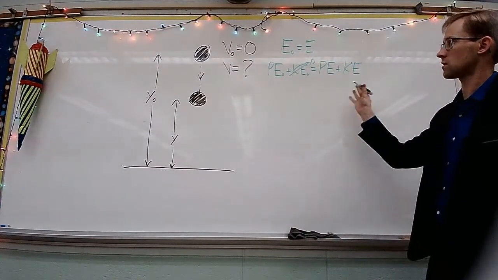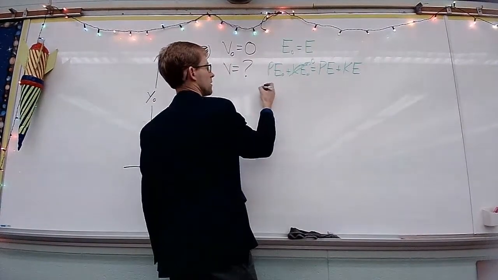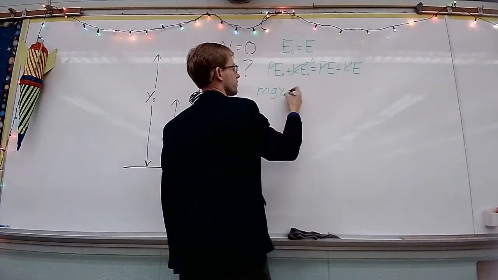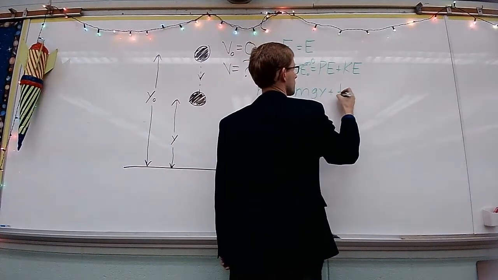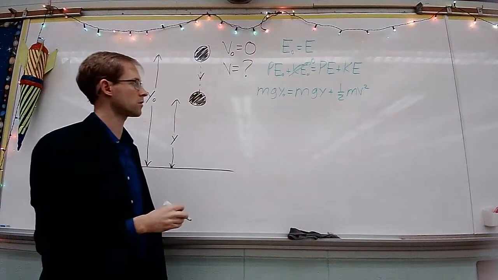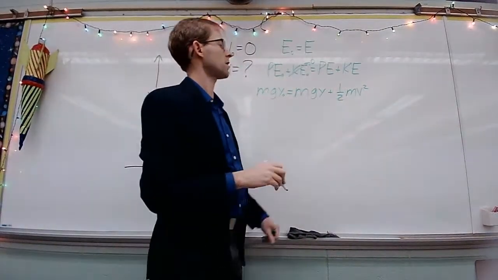So I can break this down now into those equations. Potential energy is mgy. And that's what our equation would look like. So I want to solve for my final velocity.